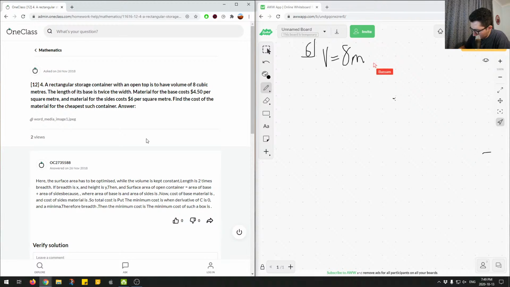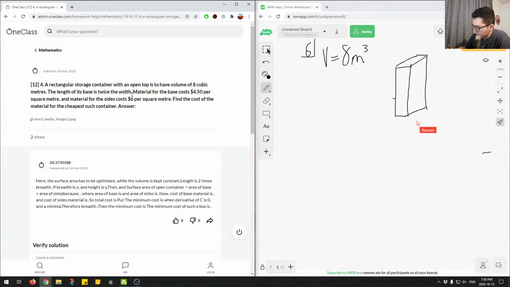So we have some box as such, with, let's say, the length of its base is twice the width.